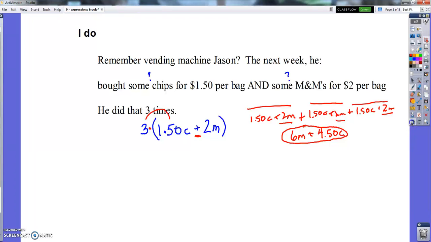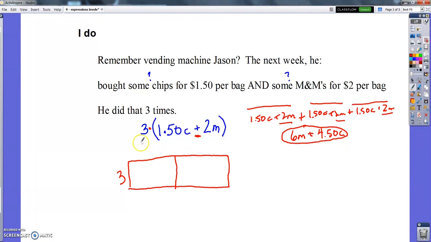So what I see here can also be done with an area model. 3 times $1.50 C plus $2 times M. And I can fill it in like this, right? 3 times that is going to be repeated addition, $1.50 C plus $1.50 C plus $1.50 C is going to be $4.50 times C. And then 3 times 2M is going to be 2M plus 2M plus 2M.